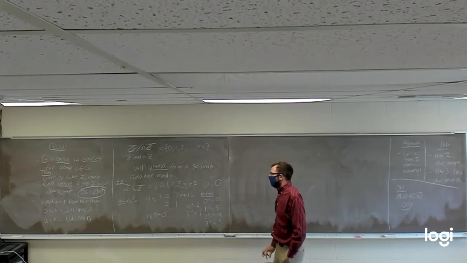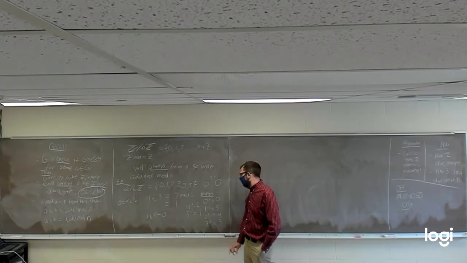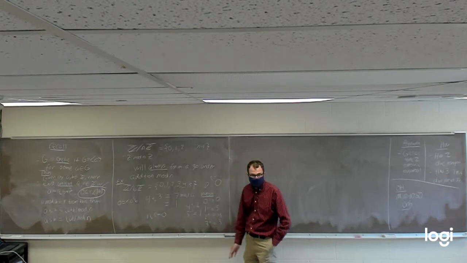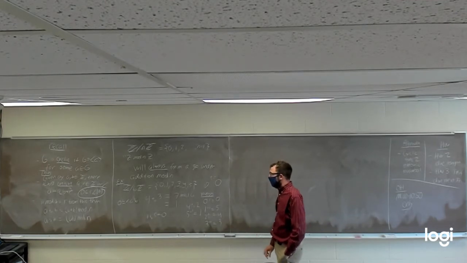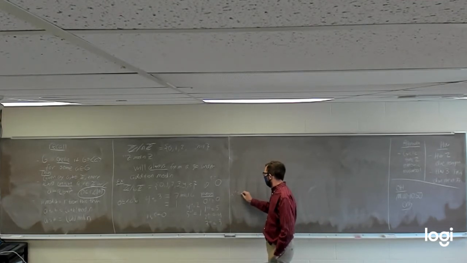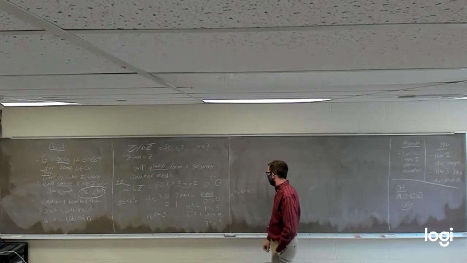So in general, x inverse is always just going to be the thing you need to add to it to get up to n. So x inverse will always be 6 minus x, mod 6.